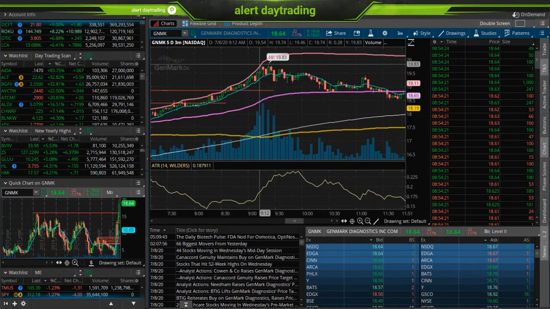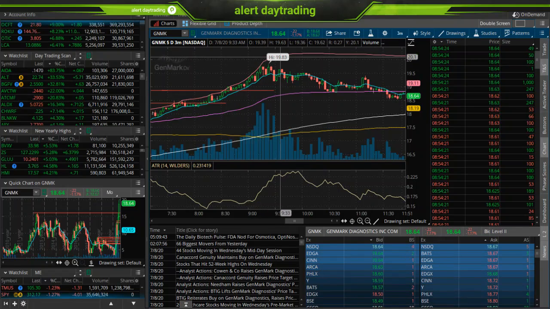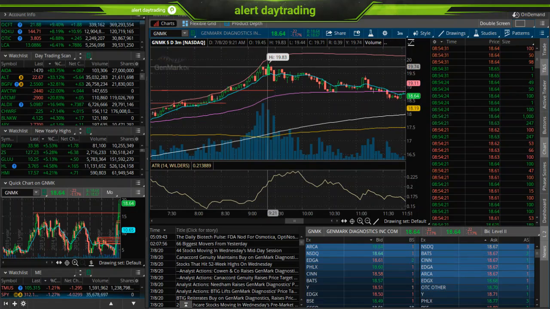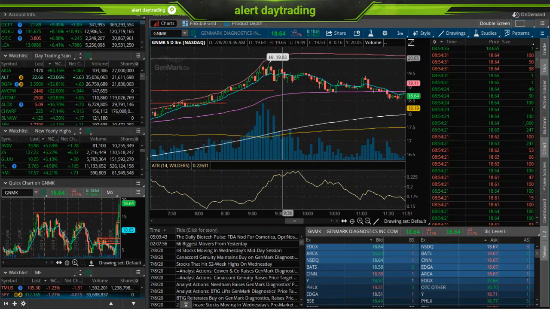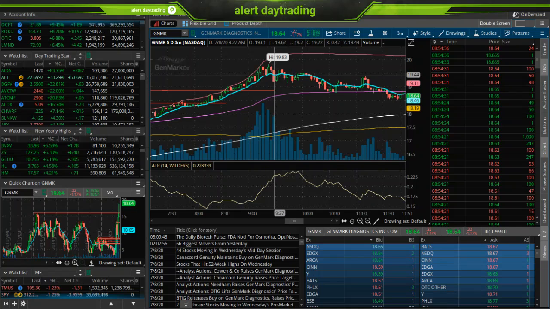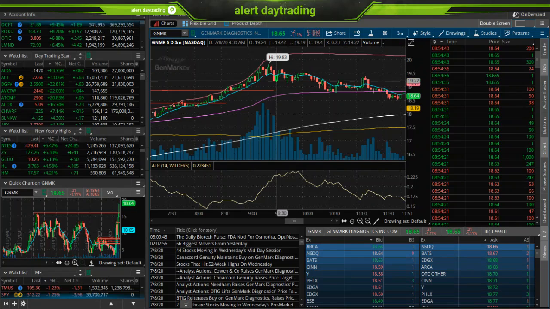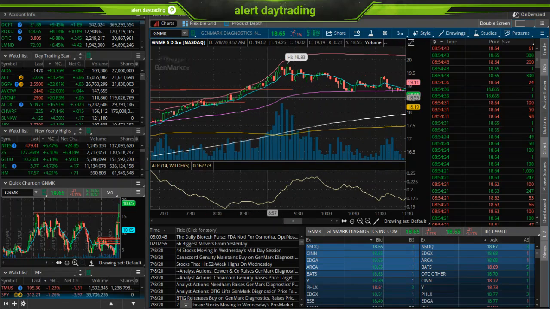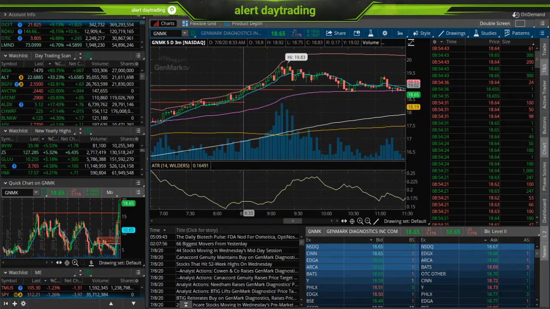Well, that means that if the price goes 50 cents below the most recent high, then that stop loss will be triggered. So at 19.33, your stop loss would be triggered, and it would have been triggered on the way down over here.